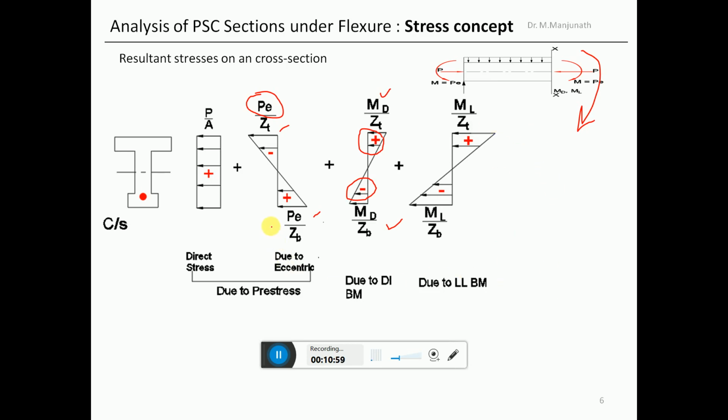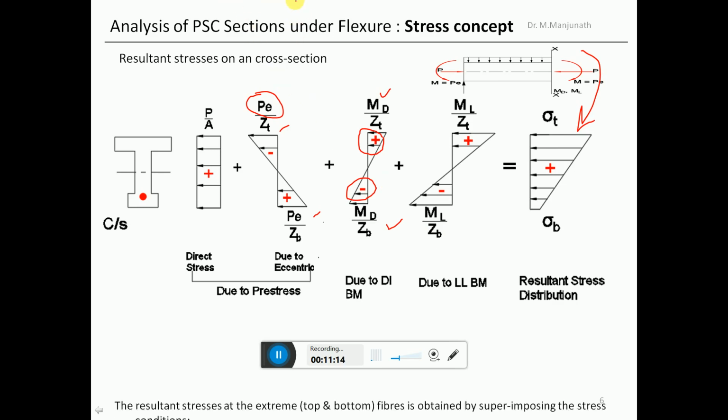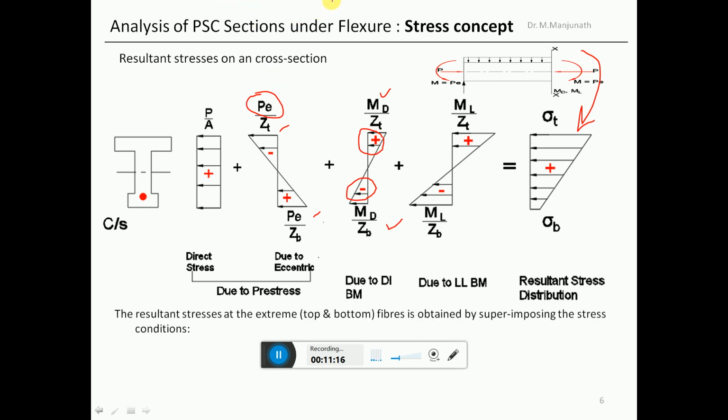Now these are the stresses due to all the forces acting at the cross section. The net or the resultant stress on the cross section can be obtained by superimposing or taking an algebraic summation of all these forces.